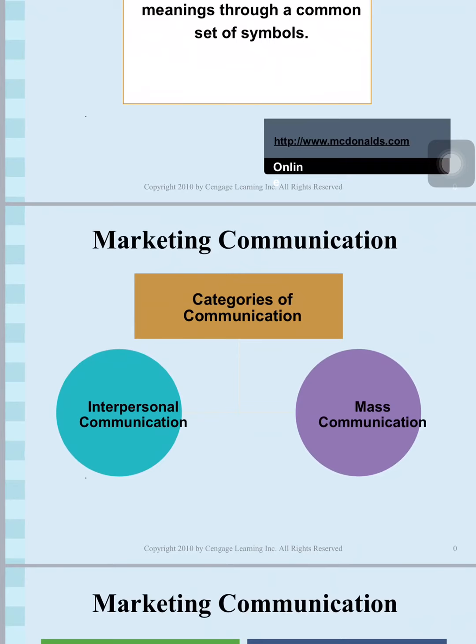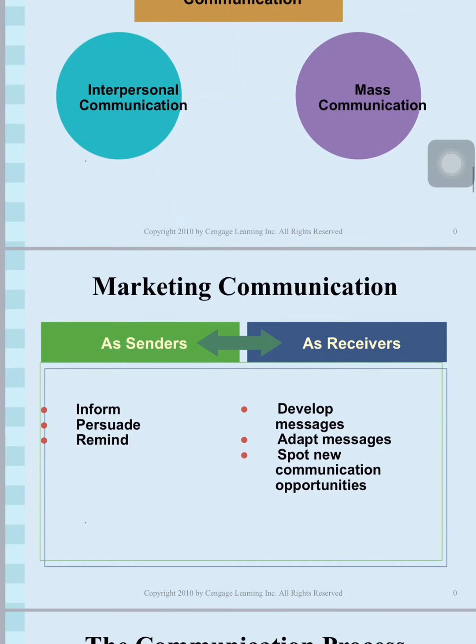So they can go for television, newspaper, or internet in order to communicate with their target market. Interpersonal communication is face to face, more direct communication. So this is marketing communications.